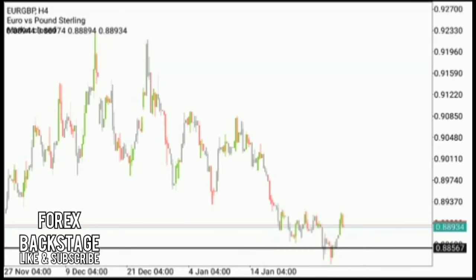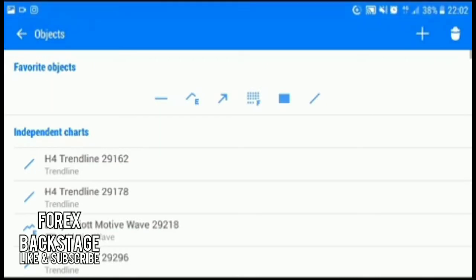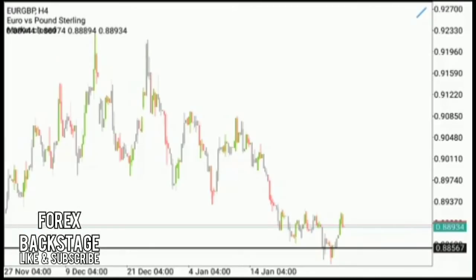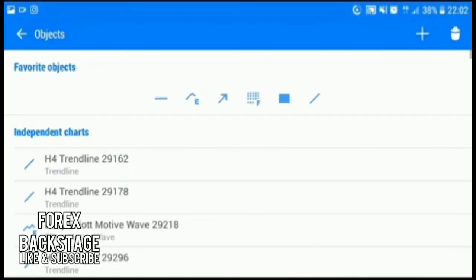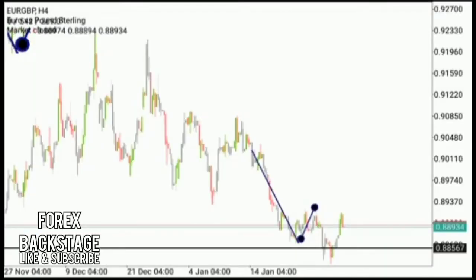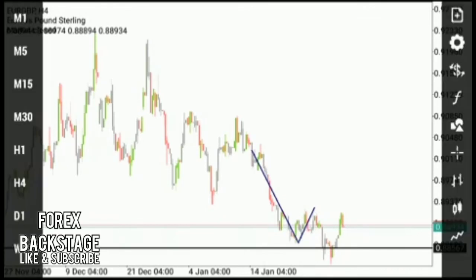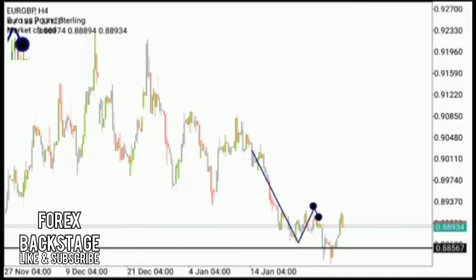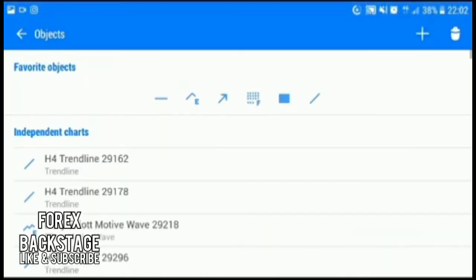And for me, by just looking at this current structure, I see the market is trying to form a very strong reversal, a head and shoulder pattern. I'm just gonna use these tools because I'm very lazy to open my laptop now.